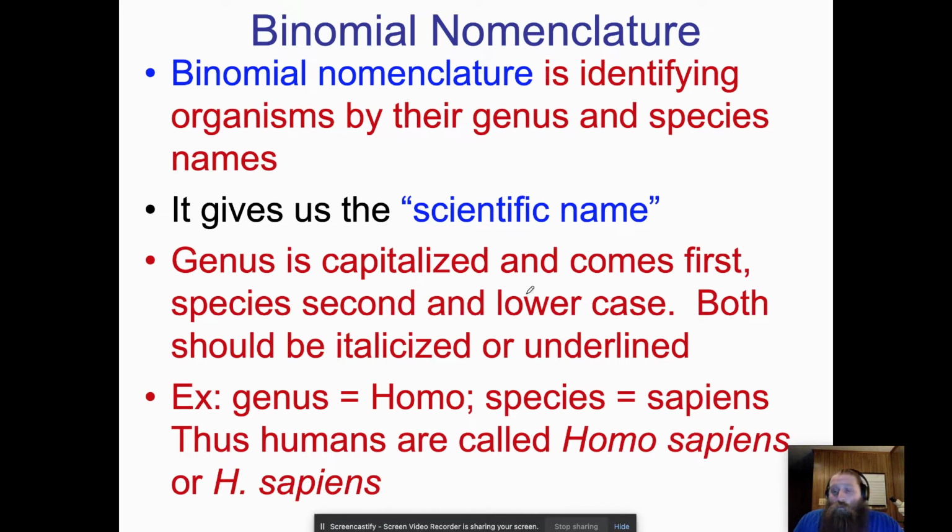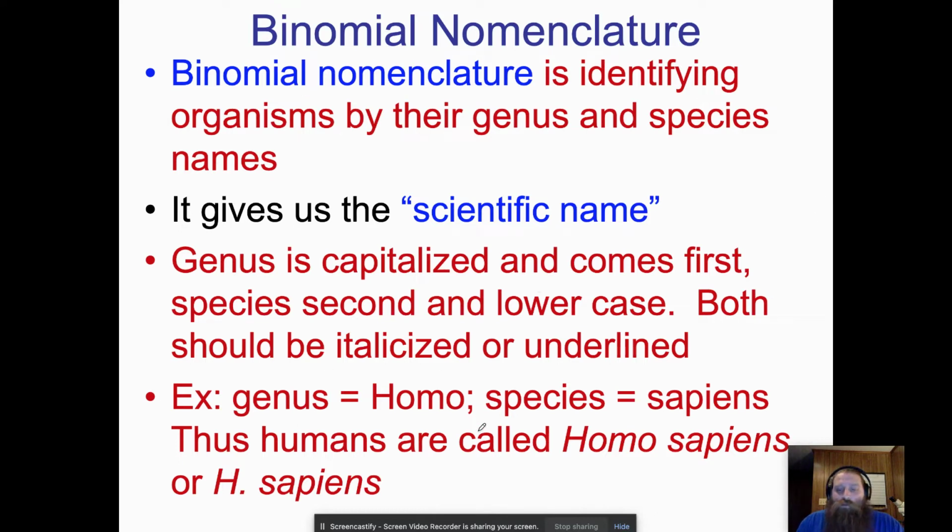There is a specific format we use whenever we write a scientific name. The genus always comes first and is capitalized. The species is always second and is lowercase. We either italicize it or underline it. It's kind of hard to write in italics if you're writing by hand, so we would underline it if we were writing by hand. But on a PowerPoint, or if you're doing a journal article or writing a paper, we would italicize the scientific name.